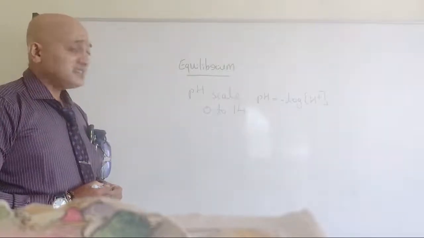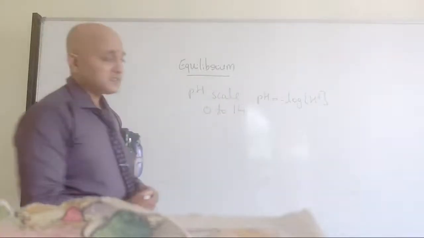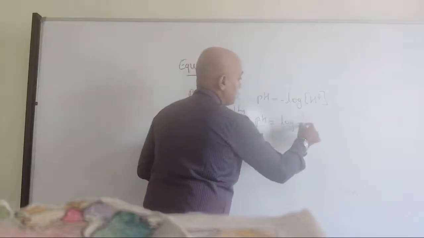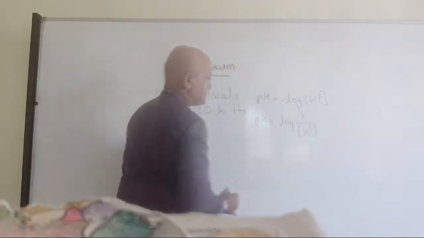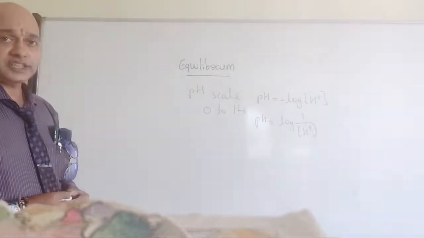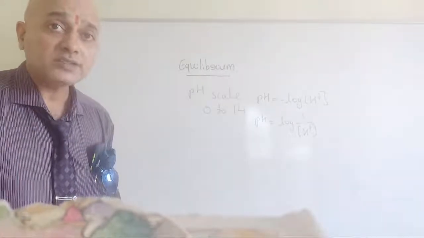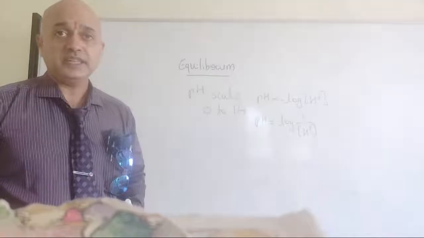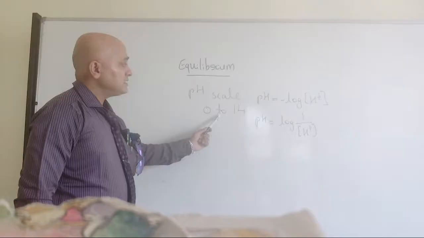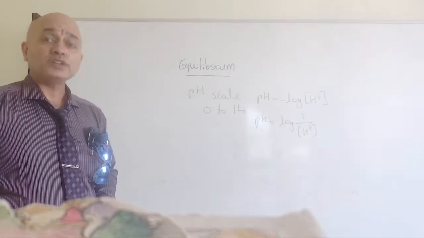If the pH value is minus log of H plus concentration, which can also be written as log of 1 by H plus, anything is fine. So pH talks about the hydrogen ion concentration in a solution, where the value ranges from 0 to 14.